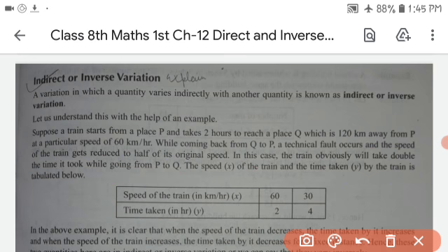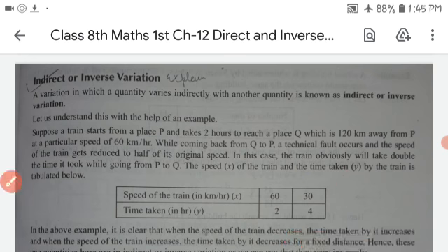The speed x of the train and the time taken y by the train are tabulated here: speed 60 and time taken 2 hours; speed 30 and time taken 4 hours.